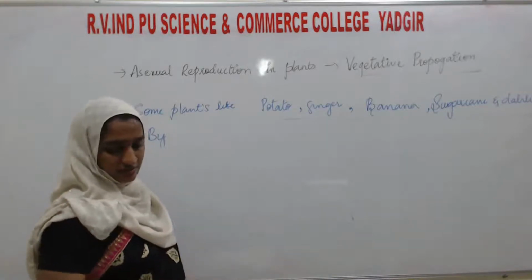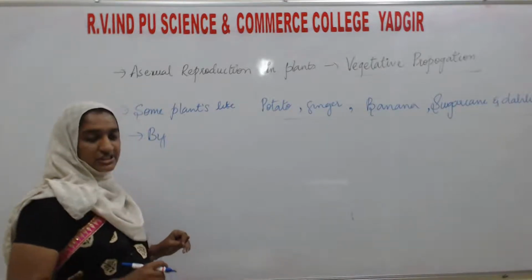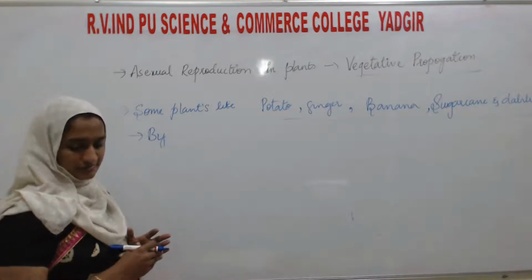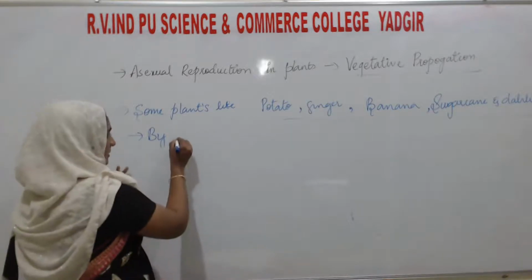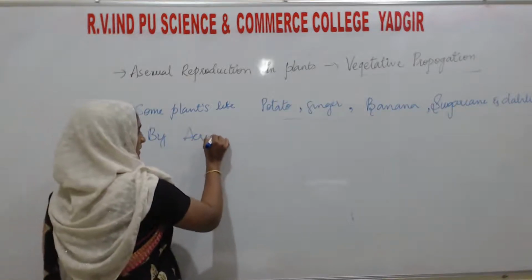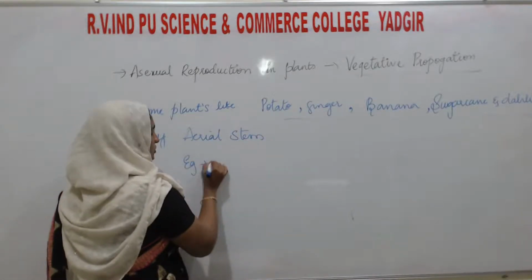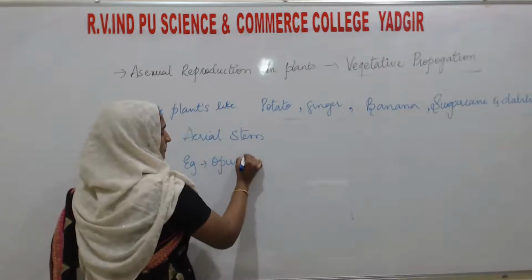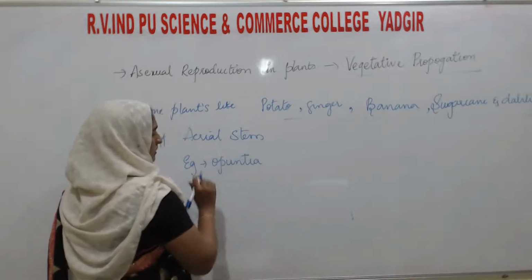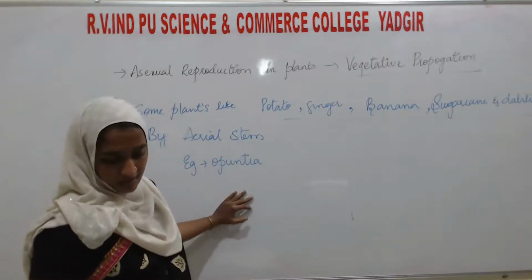In aerial stems of some of the plants, vegetative propagation is by the stem parts. One example is there, that is the opuntia.